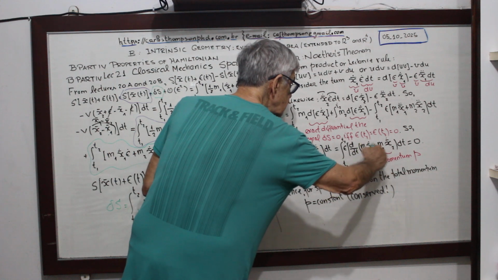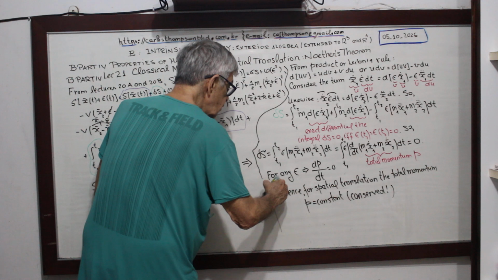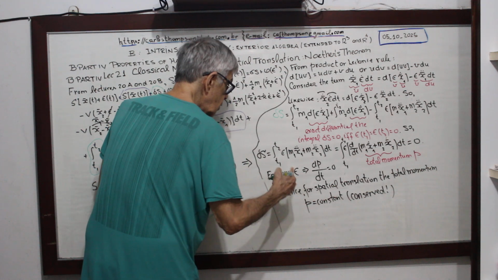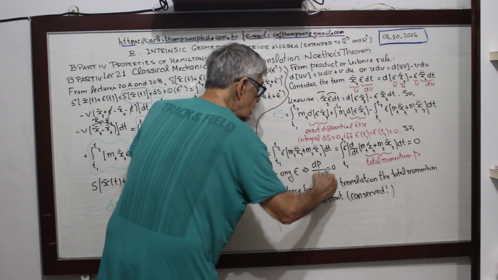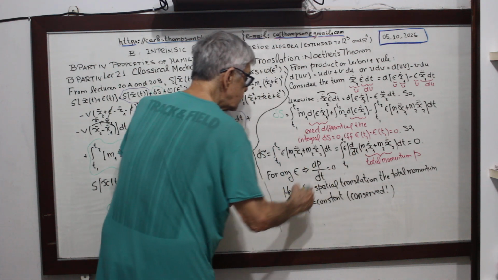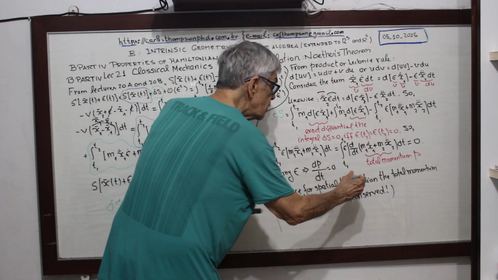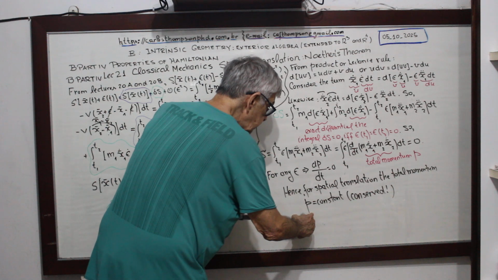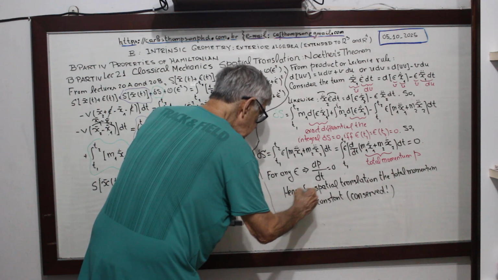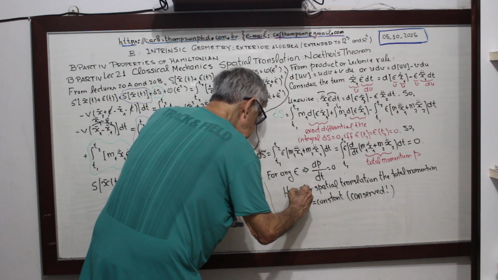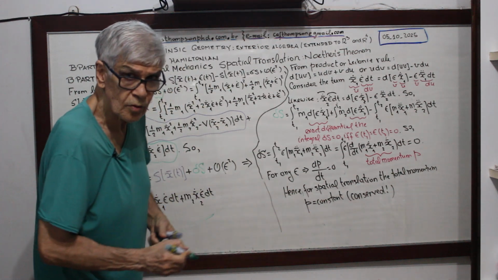I set it to 0 because for any ε different from 0 it implies that the integrand here must be 0. So hence, for a spatial translation, the total momentum P is constant. Therefore, P is constant. So this momentum is conserved.